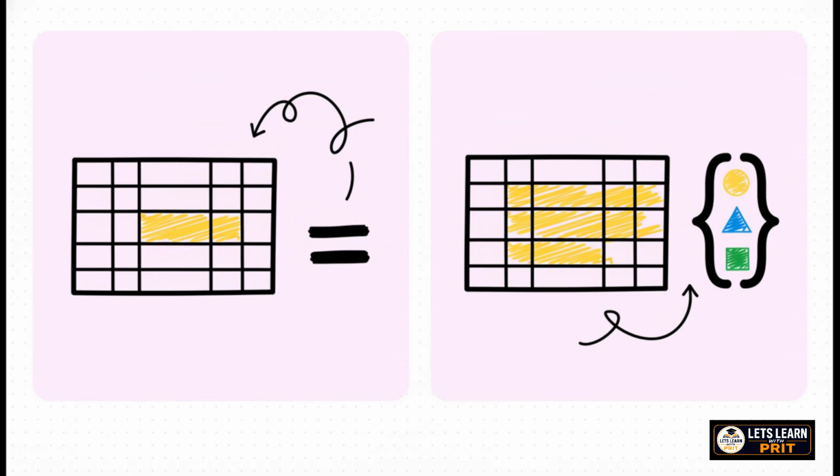Because it's a single value, we use normal mathematical operators like equals, greater than, or less than. On the right, we have the multiple rows subquery. The inner query returns multiple rows, meaning a whole list of values. And because it's a list, you can't just use an equal sign. You have to use operators designed for lists, like in, any, or all. Using the wrong operator here is the #1 mistake students make, so keep this funda very clear.